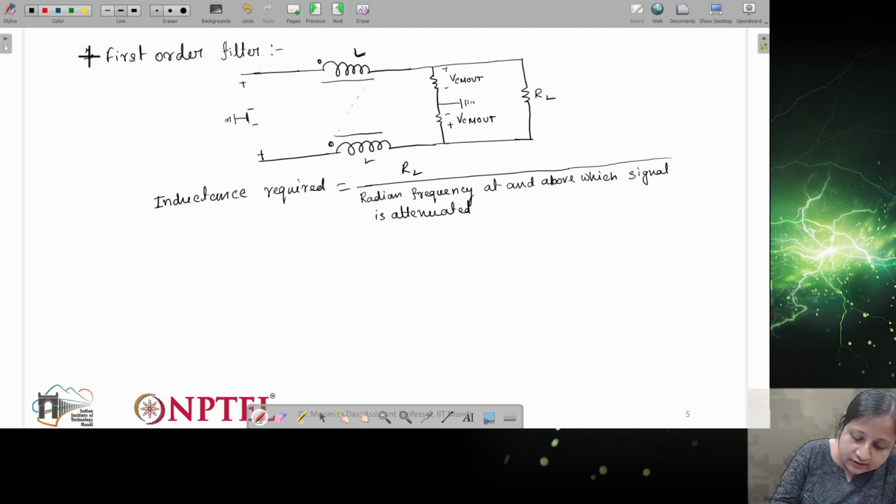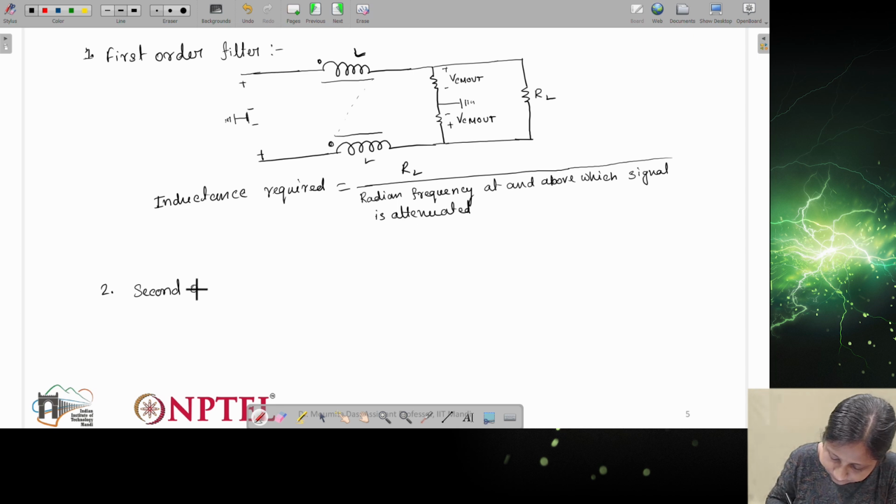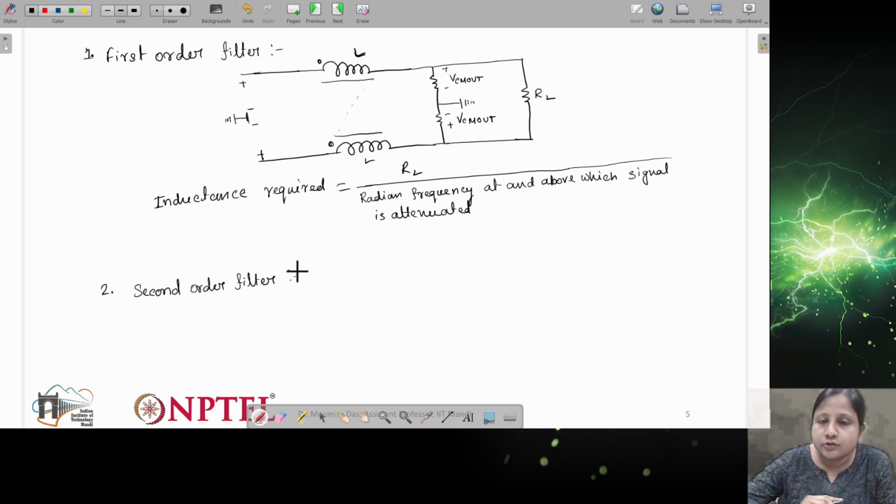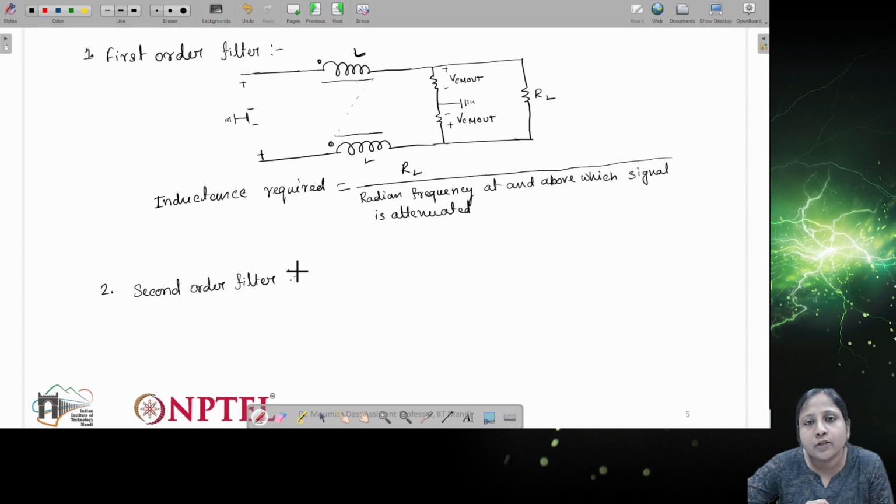So let's see what kind of attenuation we get in a second order filter. When I say second order filter, as you can understand from the name, there will be two reactive components.